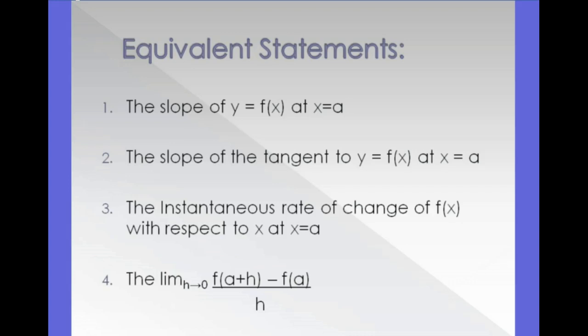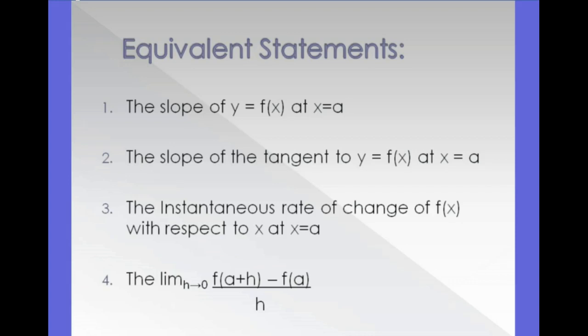Slope has several equivalent statements. So we have several ways we can say the word slope. We can say y equals f of x at x equals a. We can say the slope of the tangent to y equals f of x at x equals a. The instantaneous rate of change of f of x with respect to x at x equals a.